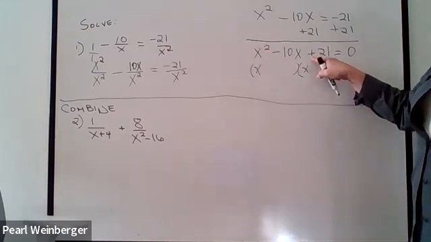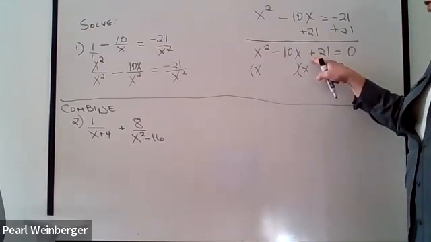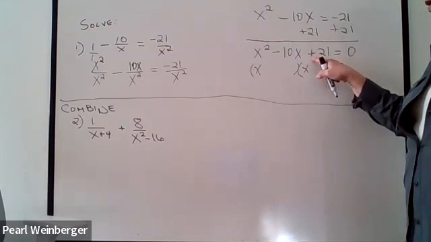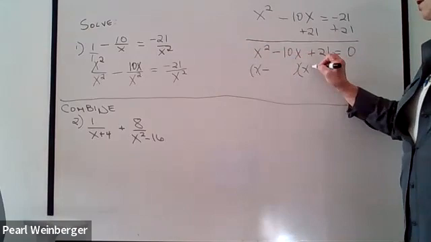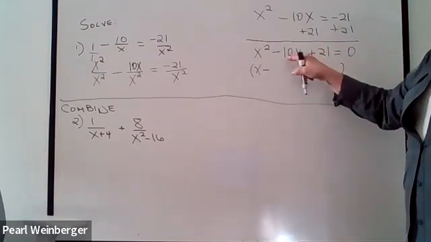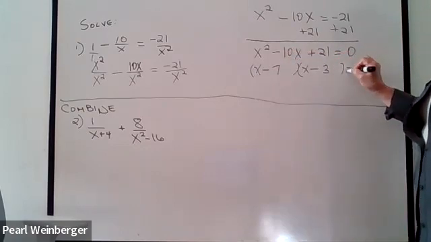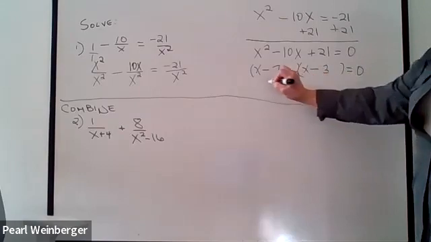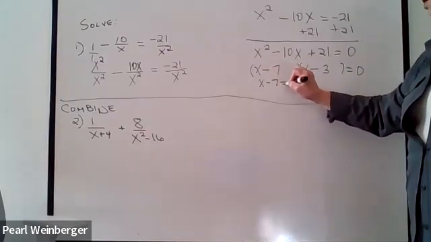Remember, I then go to the last term. Since it's a positive number, both signs are going to have to be the same. So I look at the middle, and they're both going to have to be minuses. I'm looking for numbers that multiply to 21 and add to 10, which is going to be the 7 and the 3. And then I set each of these individually equal to 0.